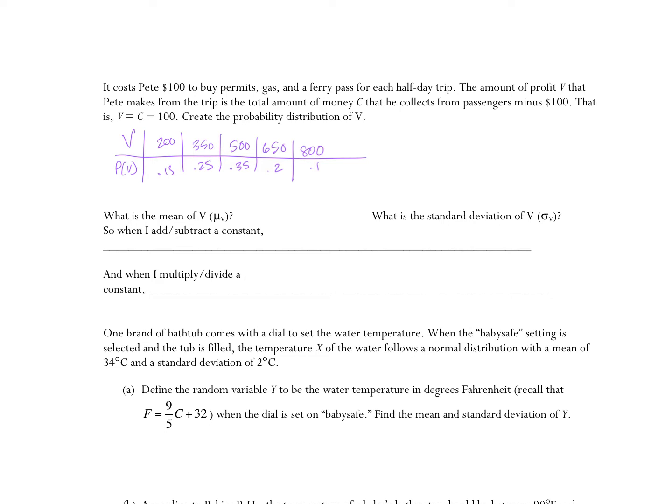Is it going to get more spread out? No. So is the standard deviation going to change? No. And when I look at this, the distance between that 200 and 800 is the same as the distance between 300 and 900. Okay? So as we go to do these, the mean and the standard deviation, the standard deviation is going to stay exactly the same, 163.46.